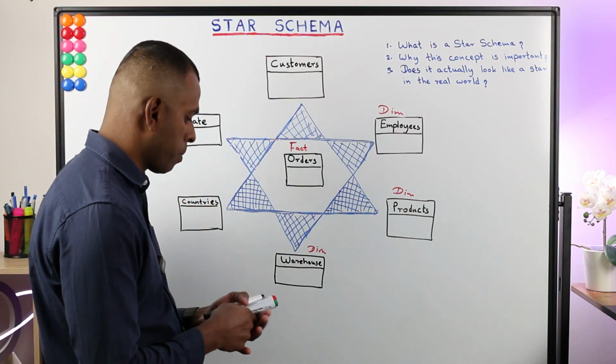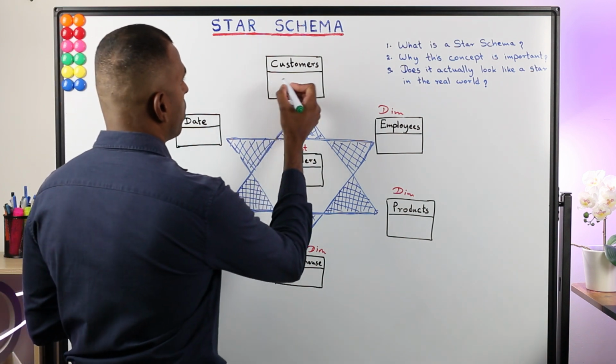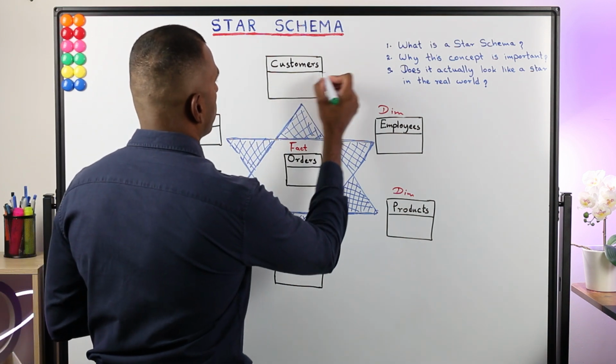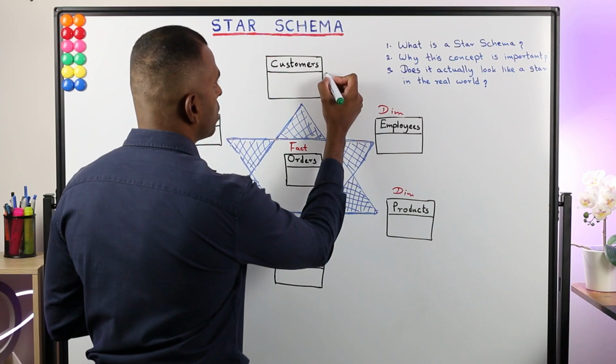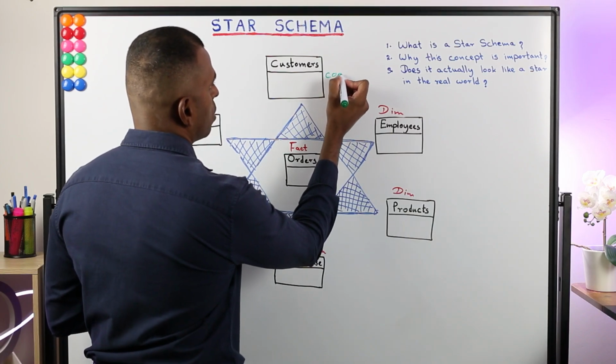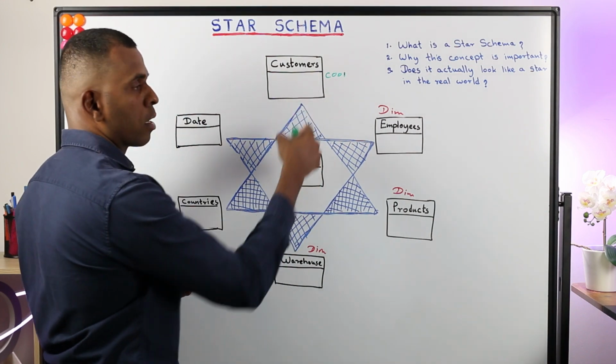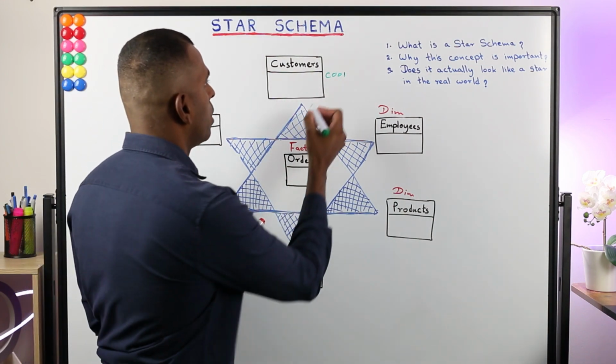For example, in a customer table there are primary keys like, let's say, C001. That's a customer primary key.